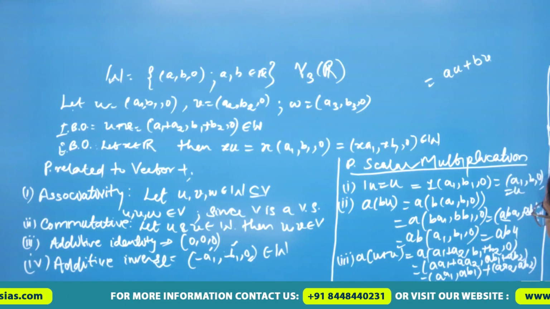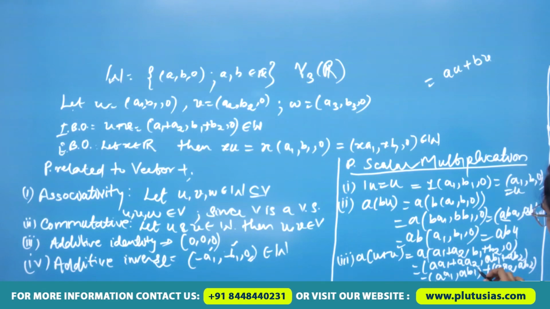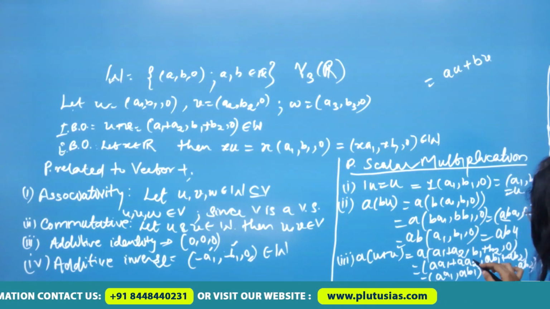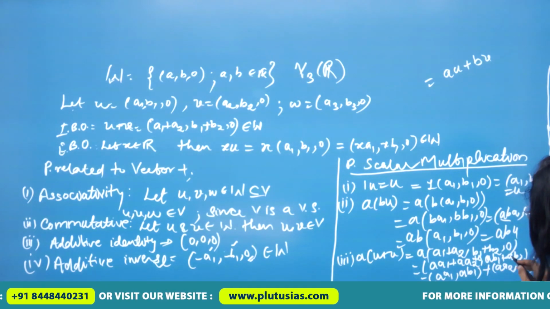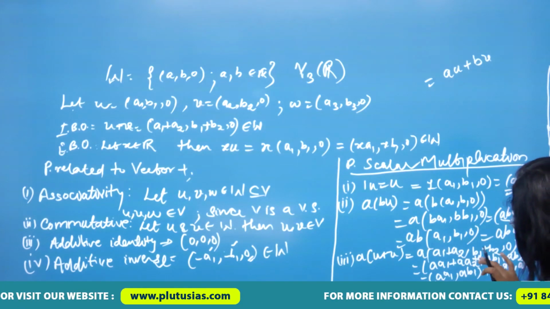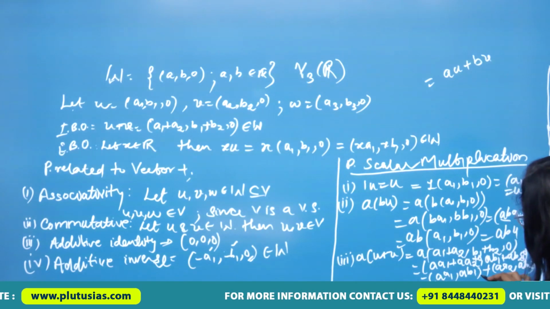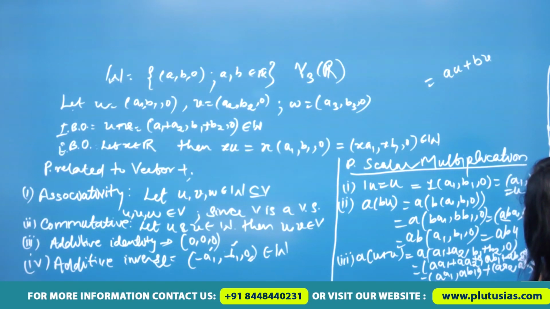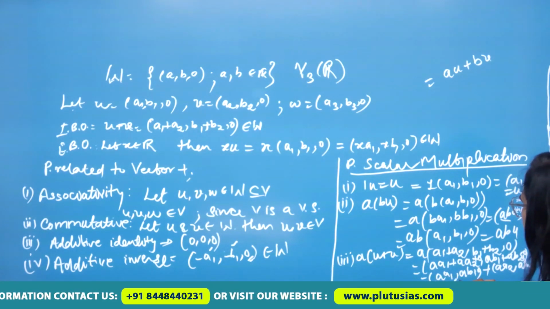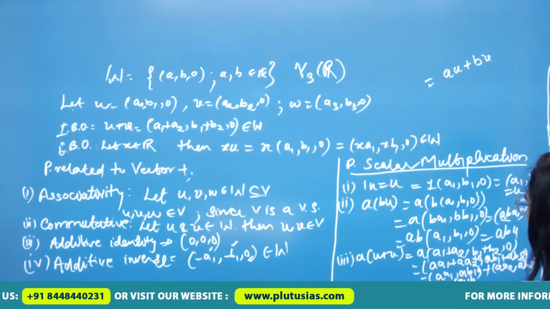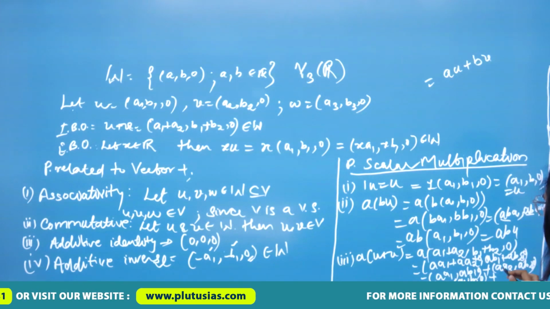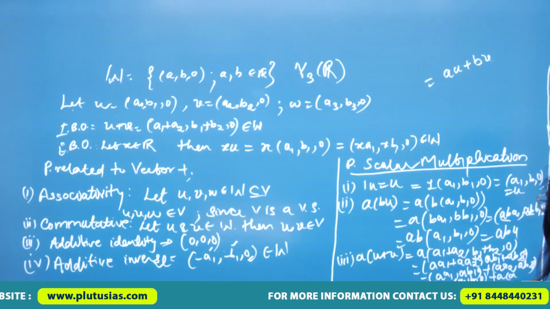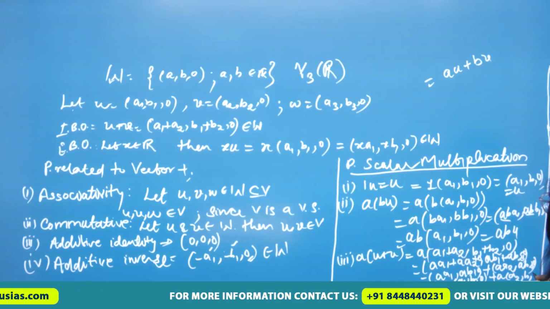What will be this? If a is outside, oh, where is 0? Plus 0. No, the third element should be 0. So this would be a1, b1, 0. a outside, a1 b1 0, plus a outside, a2 b2 0, right?